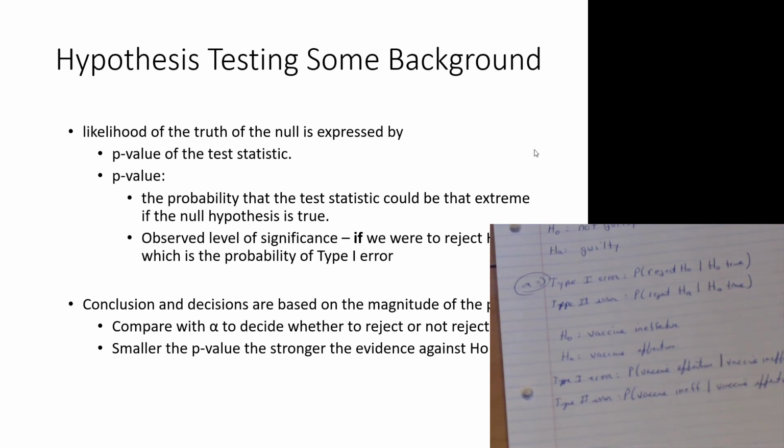The nice thing about the p-value versus finding critical values and comparing things to a critical value, which is the 1800s old school pre-computer methodology, is that the smaller the p-value we have, the stronger the evidence against H naught is. So maybe we got a high-ish p-value, whatever high-ish may be. We go, okay, we'll reject H naught, but I'm really nervous about it. Versus a very small, low p-value, and we go, yeah, H naught, get the heck out of here.